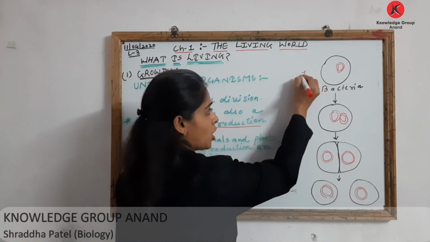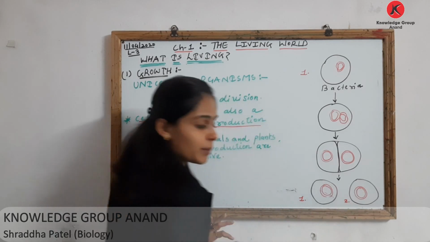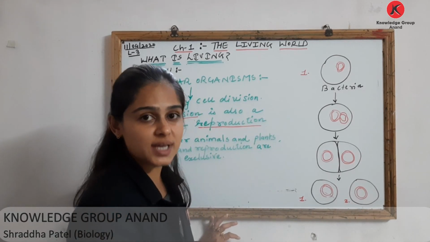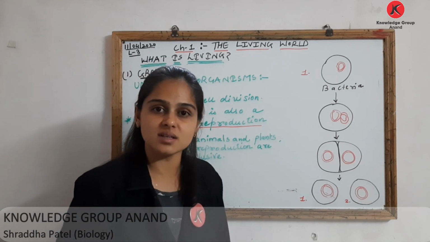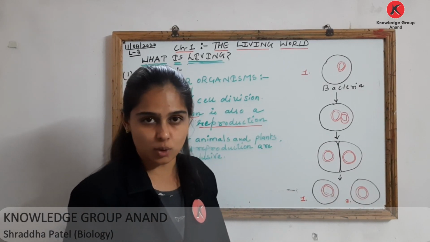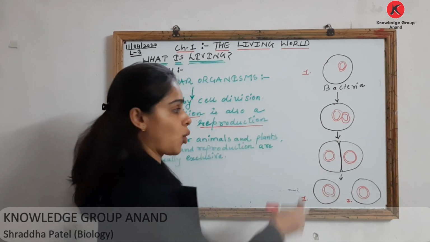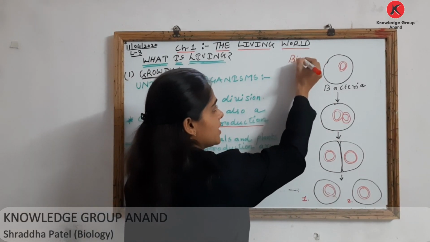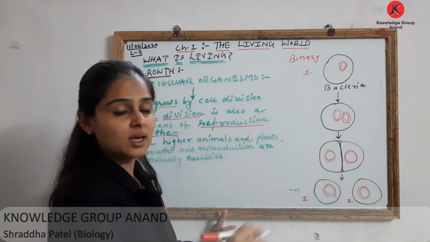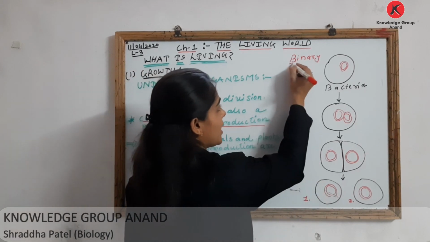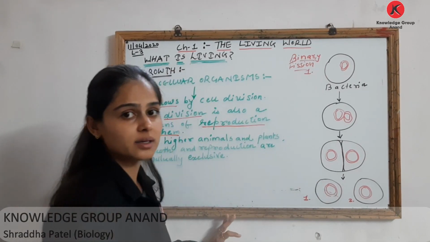Here I have drawn one bacteria which results in formation of 2 new cells. So increase in number is considered as growth. I told you the definition earlier. Now this is also a means of reproduction. What is this? This is nothing but a type of asexual reproduction, and that is your binary fission.